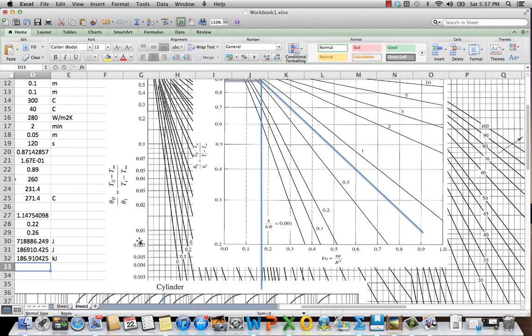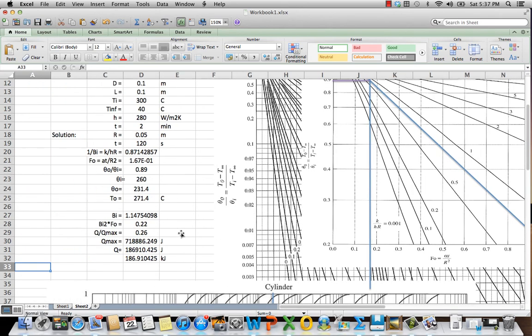Okay, so 187 kilojoules of heat are required to do that much cooling. Okay, if you are using signs, this is heat loss, the object is cooling, so this is a negative quantity. You can either choose to call it negative, or you can say it's 187 kilojoules of heat loss from the object. Okay, so either words or the other.